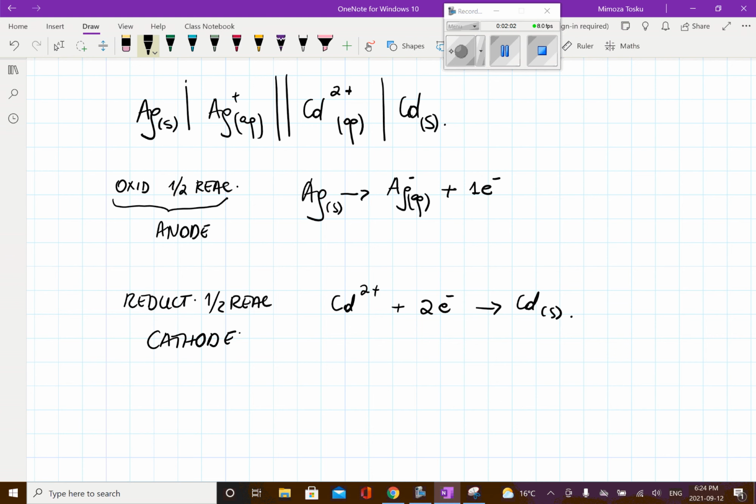Okay, so when we add those two reactions together, we have to multiply this by 2 because we have 2 electrons in the cathode, or the reduction half reaction.